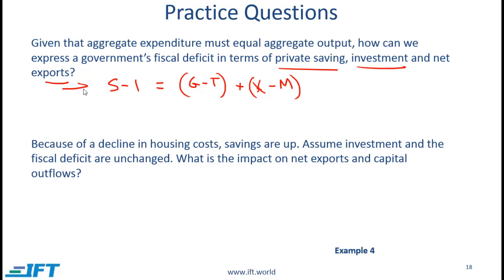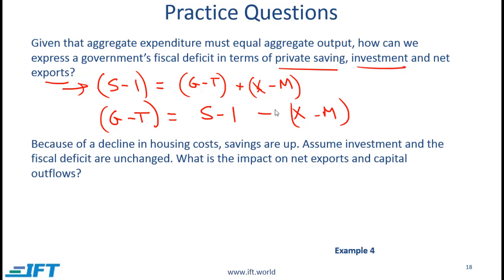Here is the expression which I just asked you to learn, and if you can't learn this, then I hope you remember the derivation. What you can easily see from here is that the fiscal deficit, or G minus T, can be written as S minus I and then minus the net exports. So that is the answer over here.